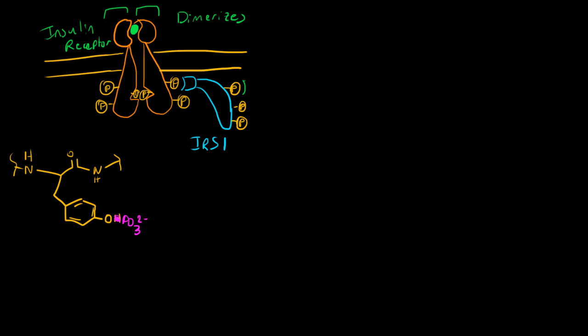And once IRS1 is phosphorylated, that again allows for the recruitment of another type of enzyme called phosphoinositol 3 kinase, or PI3K, which is often drawn like this.